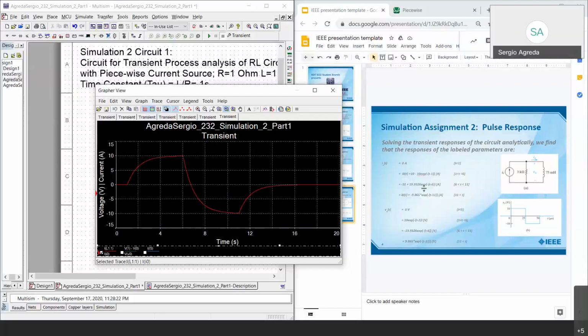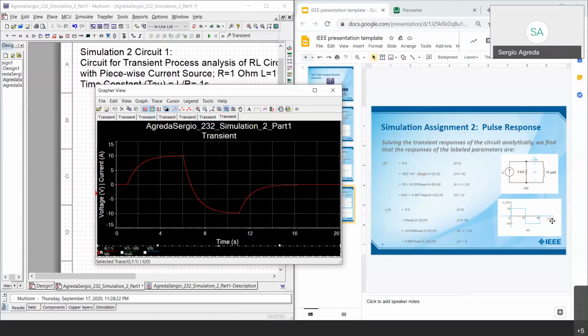Same goes for the next part, where the current source becomes upside down. That's where it affects the entire current across the inductor. It just goes the opposite way and tries to go to negative 10 in the interval of 6 to 11. And it's represented by the different values.